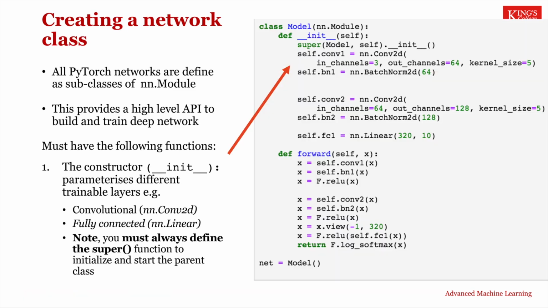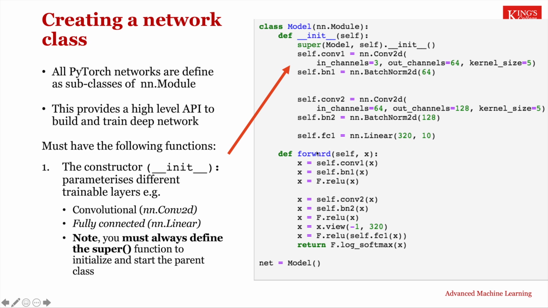This is probably the most complicated bit, but after a few goes you should hopefully get used to it. Essentially what you need to do is create a class. You can call it whatever you like, but it must inherit from nn.module, which you can see it does by specifying nn.module here. This will allow it to access all of the nn.module base class functions. Of those, you just need to overload the constructor init and the forward function.